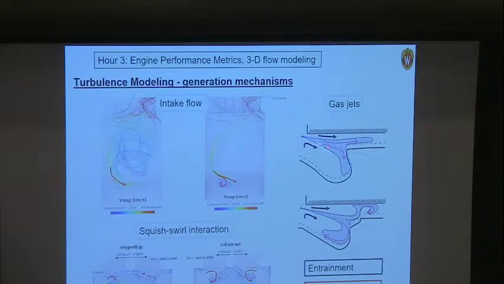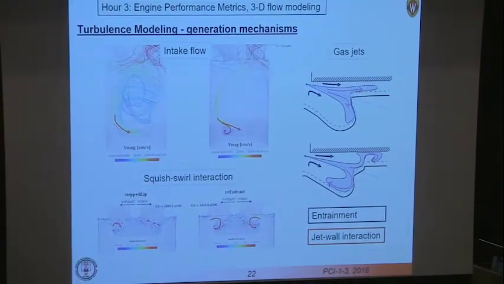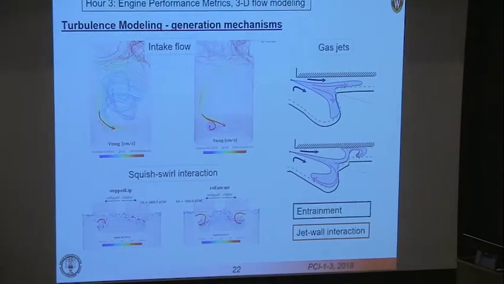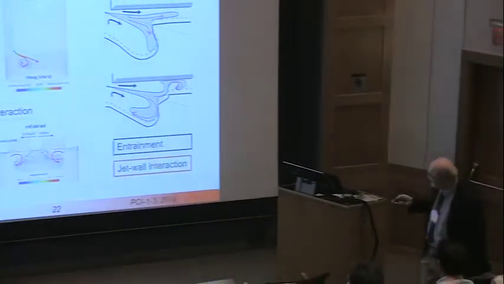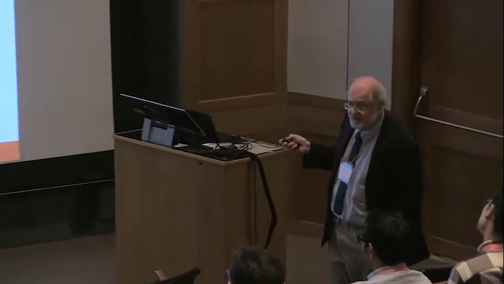That injection can, again, lead to large gradients in velocity, which generate turbulence. These jets can impinge on surfaces and be redirected. Again, that affects the entrainment, and the jet wall interaction generates turbulence. So turbulence is very important.